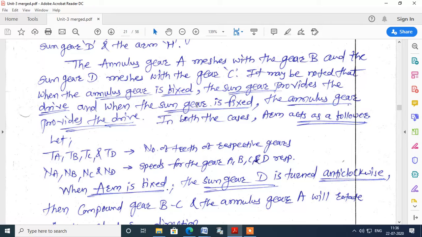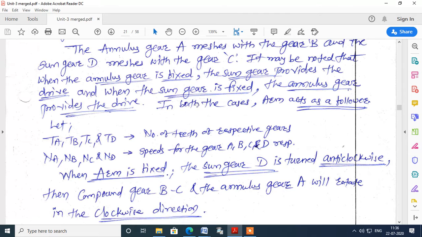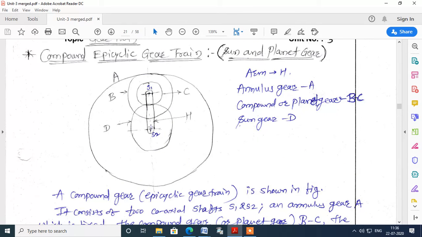Now, when the arm is fixed, the sun gear D is rotated, say anticlockwise. Then compound gear BC and annulus gear A will rotate in clockwise direction. See here, if sun gear D is rotated anticlockwise, D is meshing with C, so C rotates clockwise.